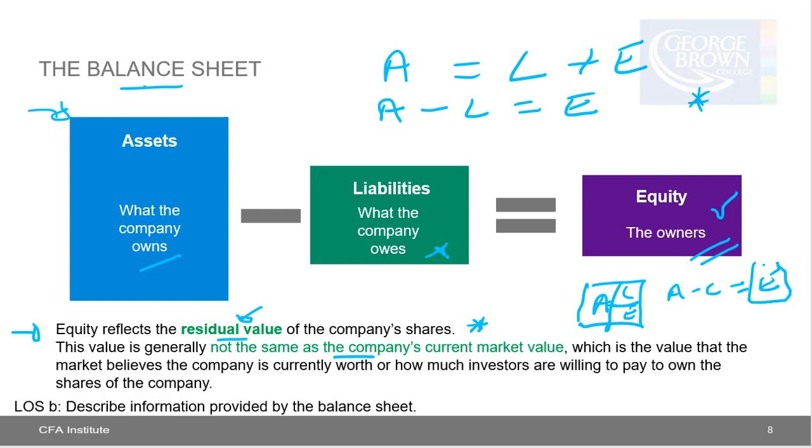What that is talking about is we can have a book value for that equity based on the balance sheet financial statement. But if we look at the market value of the equity, we're going to get a different value because we're going to be looking at the number of shares outstanding times the market value, and that's going to give us the market value of the equity, okay, which is going to be different than the book value of the equity.